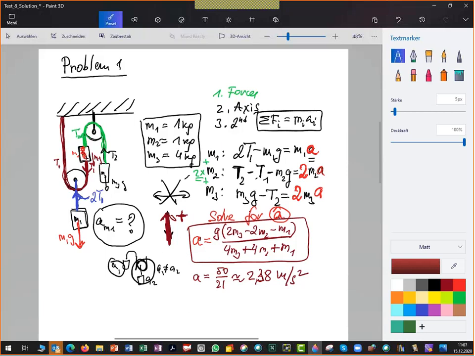These simple steps I'm repeating again and again: drawing forces, defining the axis, writing Newton's second law, solving for the unknown value. It works pretty well. We just need to pay attention to what the forces are, what the system is, and what the accelerations in the system are, and then everything is fine.